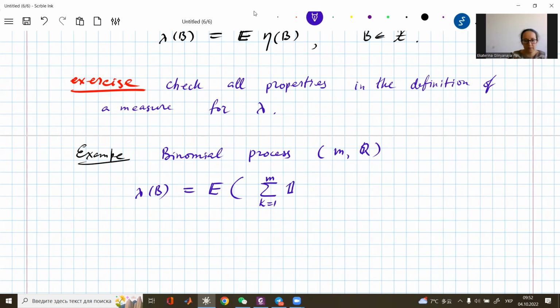And here the delta measure I can write as the indicator of the set B at the point x_k.